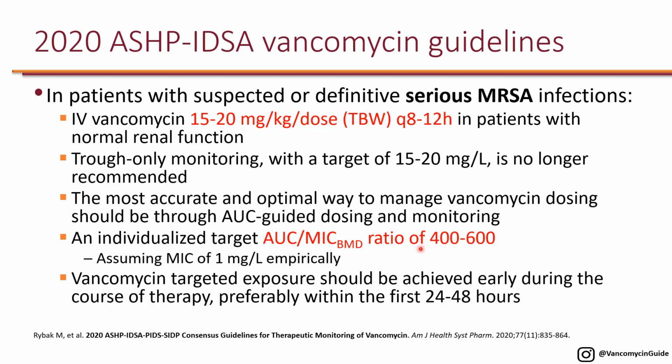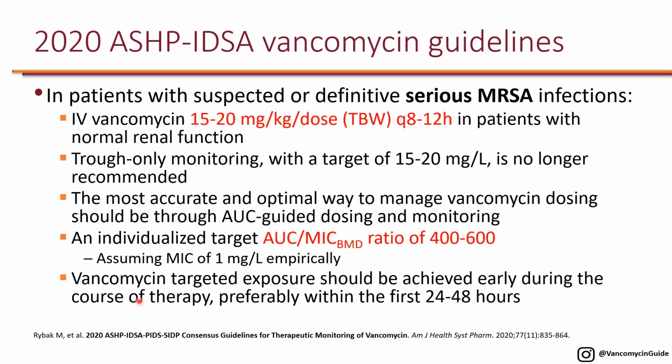And empirically, since it takes some time for MICs to come back, we just assume an MIC of 1, because for the most part, more than 90% of MICs in the United States are either 1 or less. So it's unlikely to have an MIC higher than 2. And of course, if we get an MIC of 2, we will not be able to achieve these targets using the traditional dosing of 15 to 20 milligram.